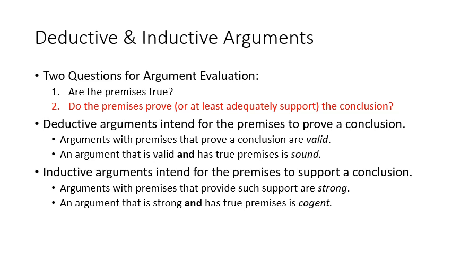Again, we'll get into what that means in a little bit, but we have a different terminology for that. Arguments that do have premises that provide such support we call strong arguments. And then, similarly to soundness, if an argument is strong and it has true premises, then we say that the argument is cogent.